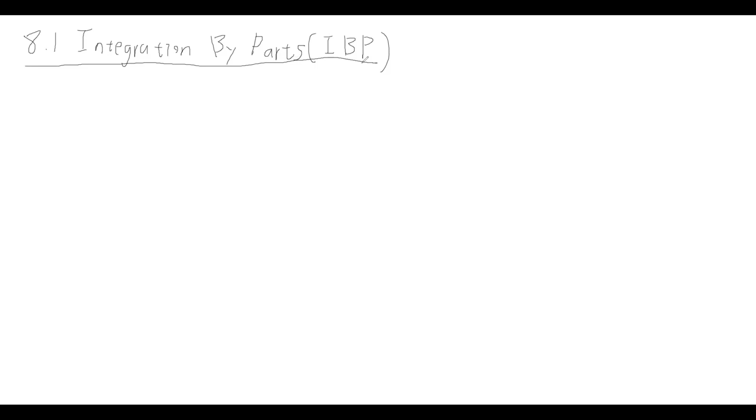Now, before we get into the actual integration by parts, I want to show you how we derived this method. So let me do a quick review on the product rule.